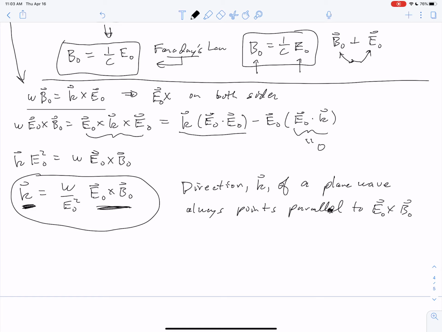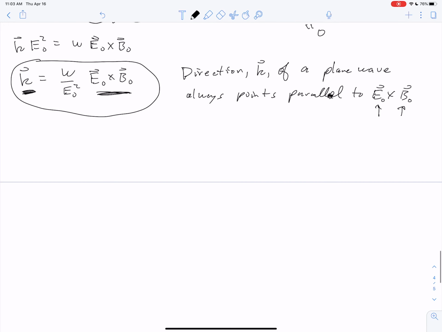If you take the electric field and you cross it with the B field and use the right-hand rule, that is the direction of the plane wave. And so I find that to be very helpful. It really helps you to see all the directions.